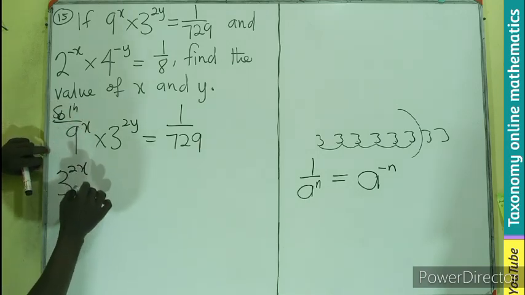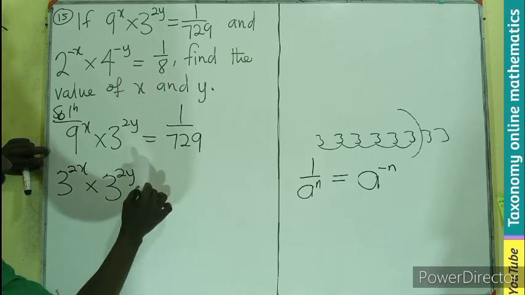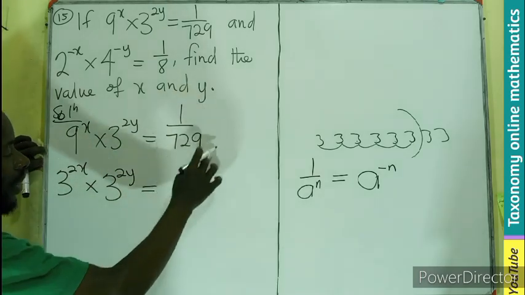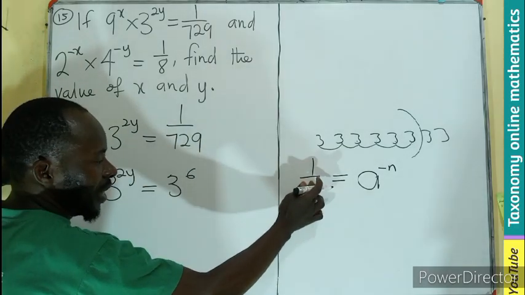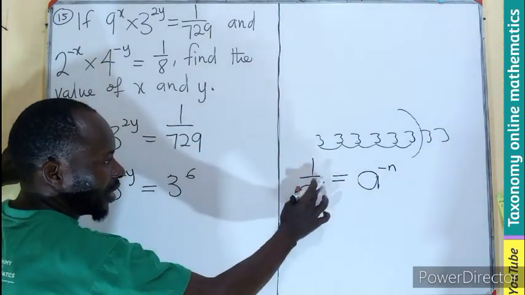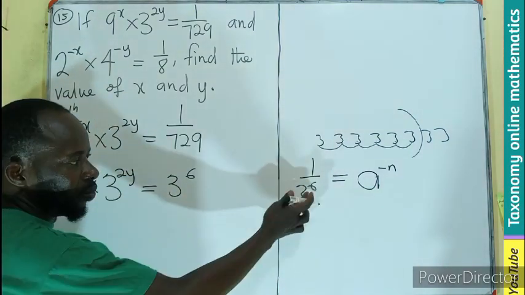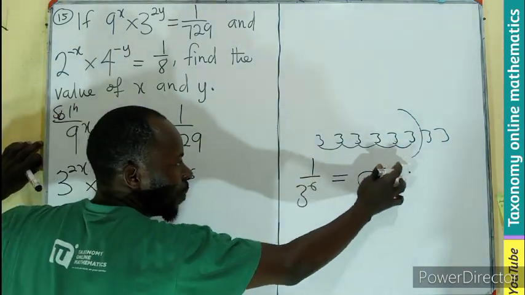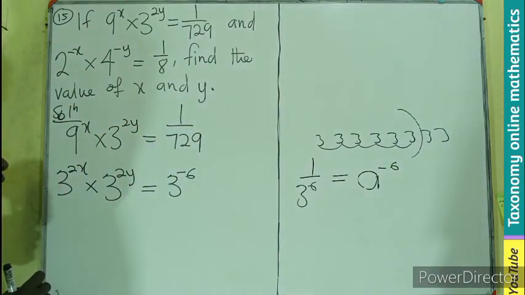So we multiply by 3 exponent 2y equals 3 exponent 6, but because of the fraction, it is 3 exponent minus 6.